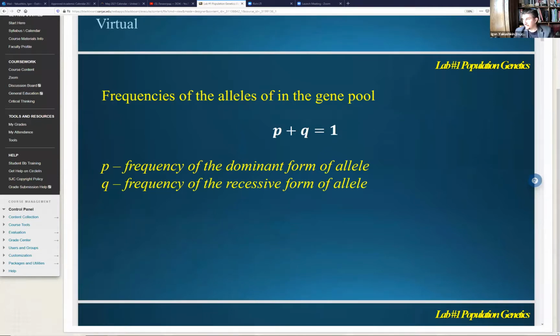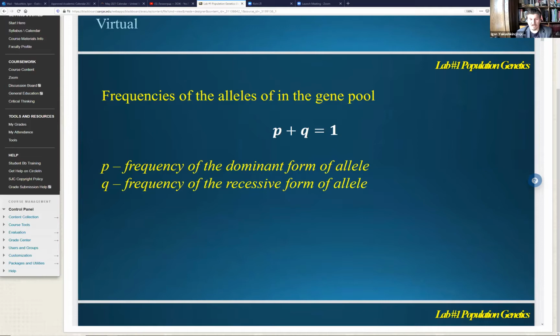Now, let's take a look. In the equation P plus Q, we already did question number 3 in the pre-lab. So P represents the dominant, Q represents the recessive. If P is 0.5, all right, 50% of the class have that particular allele of the gene.